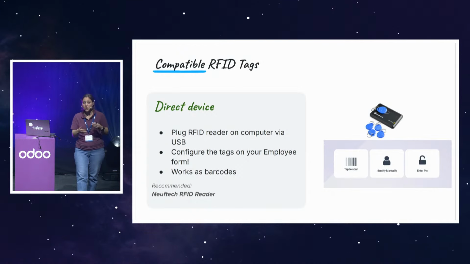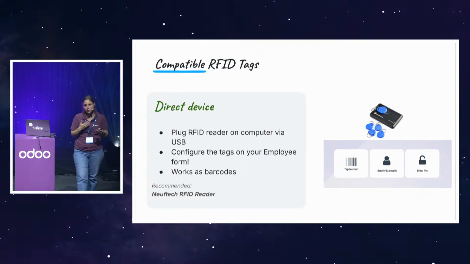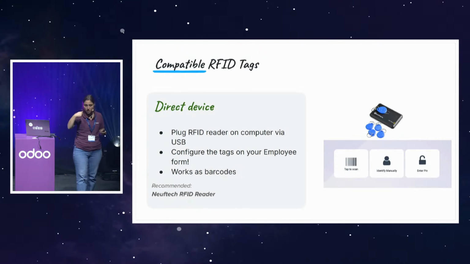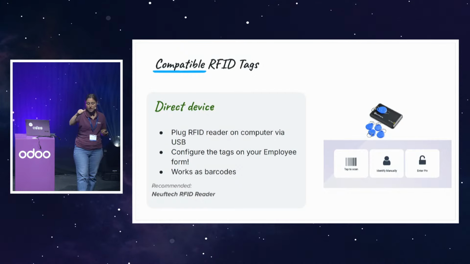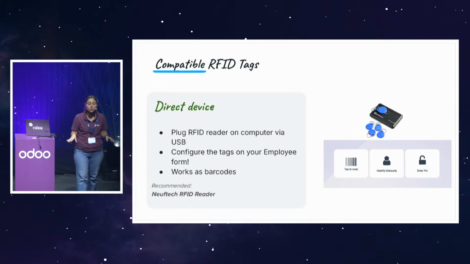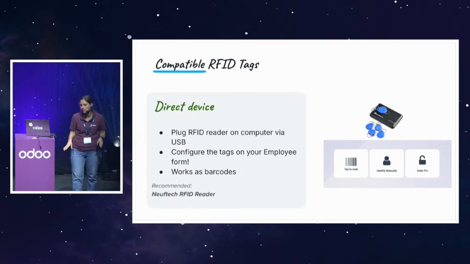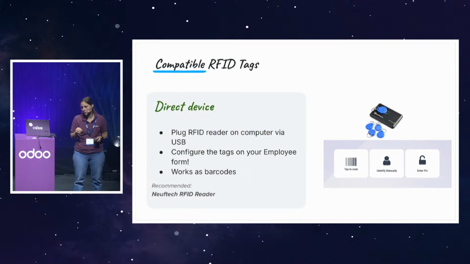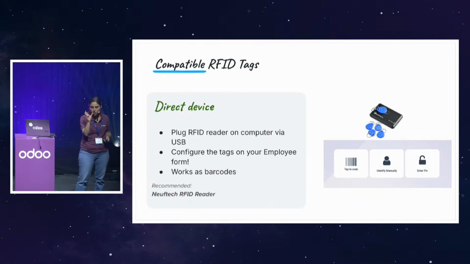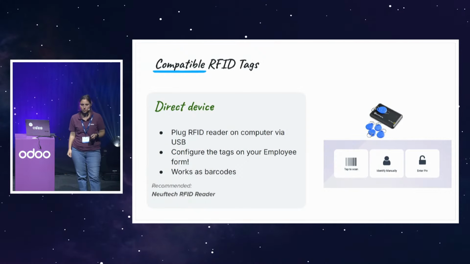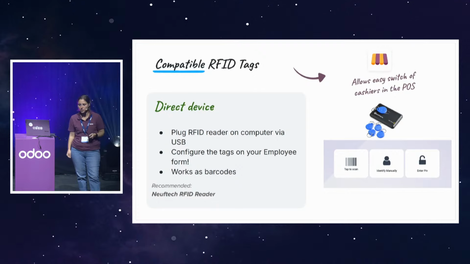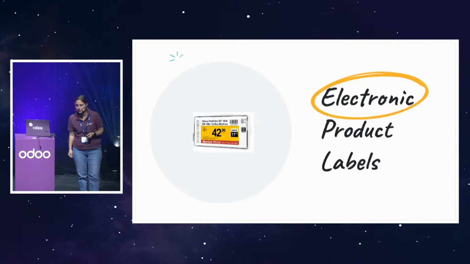It enables easy switching between employees. We have a new feature as well where you can just identify yourself by scanning this tag. You don't even need to select the employee in question. What's really interesting to know here is that it actually works as barcodes. It's just a number that the tag is going to read. So indeed, easy switching of cashiers in the POS.